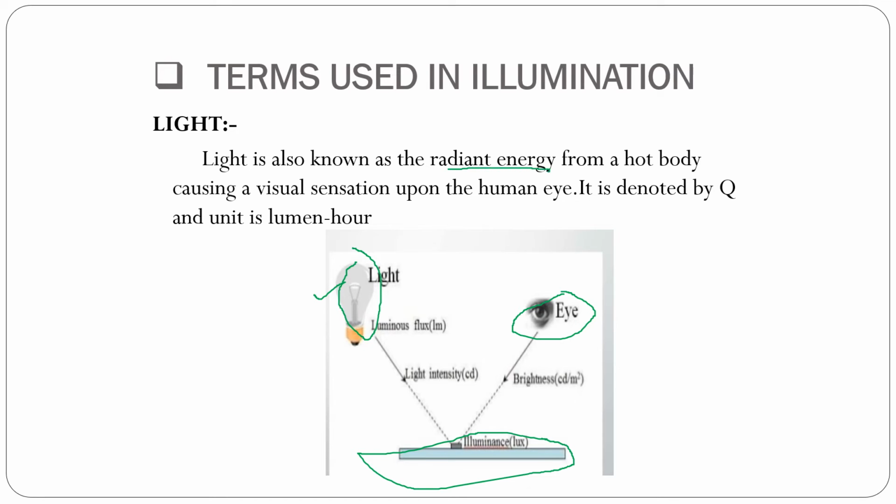Radiant energy from a hot body, meaning the source, causes a visual sensation, as we know 0.4 to 0.74 visible light, upon the human eye. It is denoted by capital Q, and its unit is lumen hour.